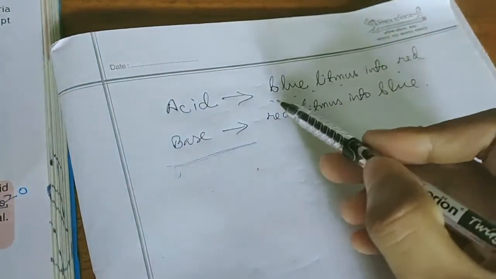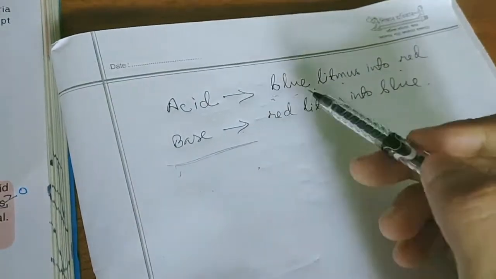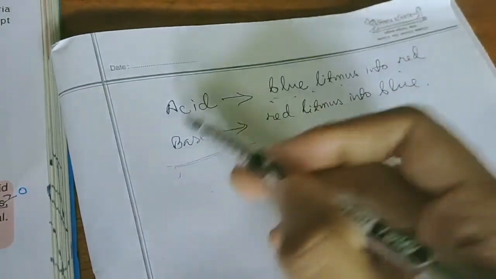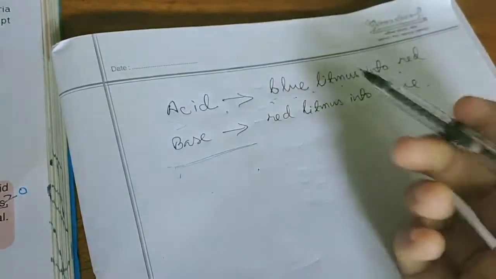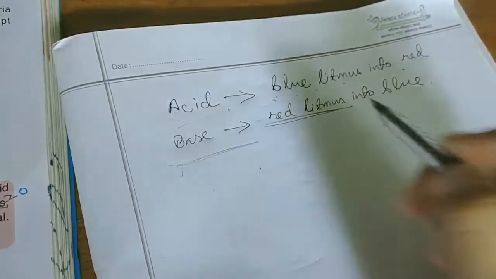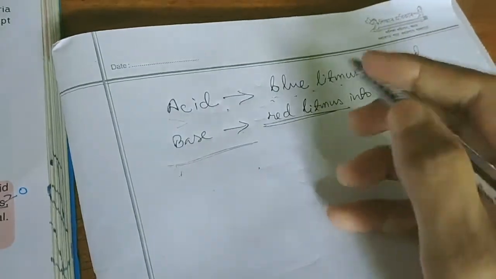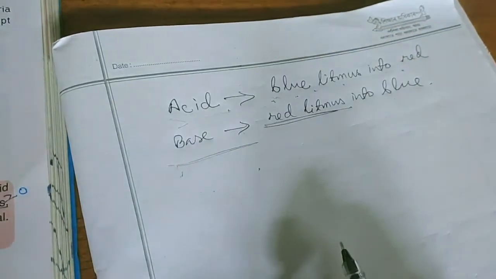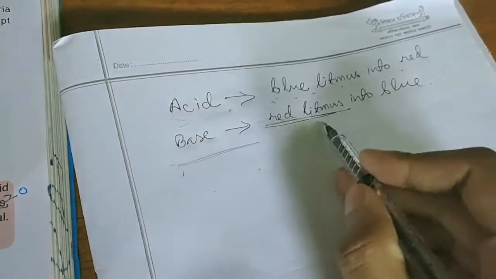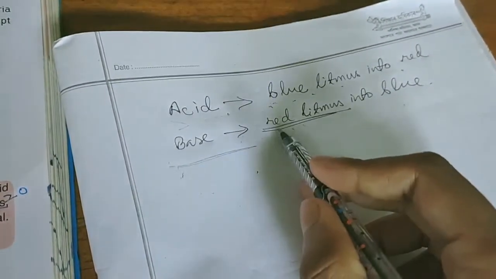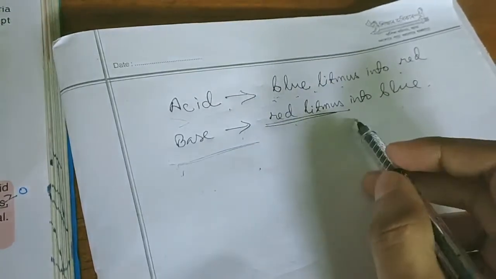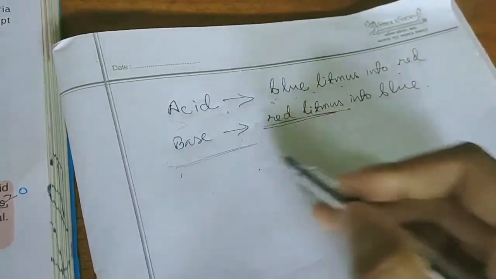But if the blue litmus paper is dropped into acid, then acid and base will react and change the color. Similarly, the red litmus paper already has acid in it, so when it comes in contact with base, it changes into blue. When it comes in contact with acid, it stays red because it already has acid.